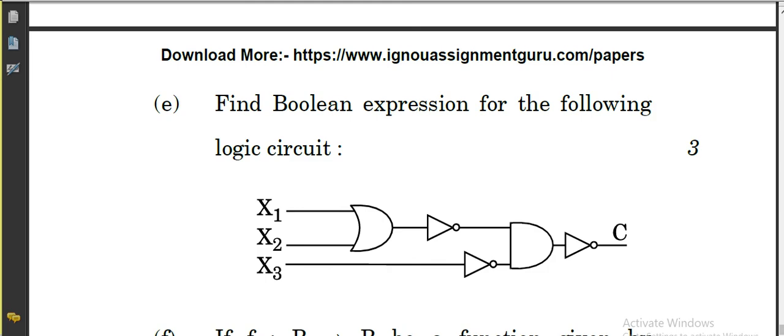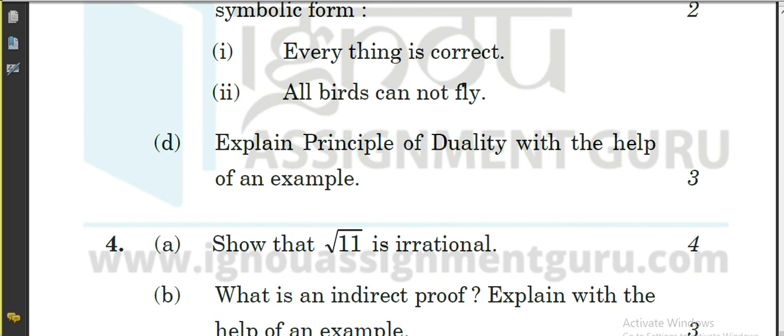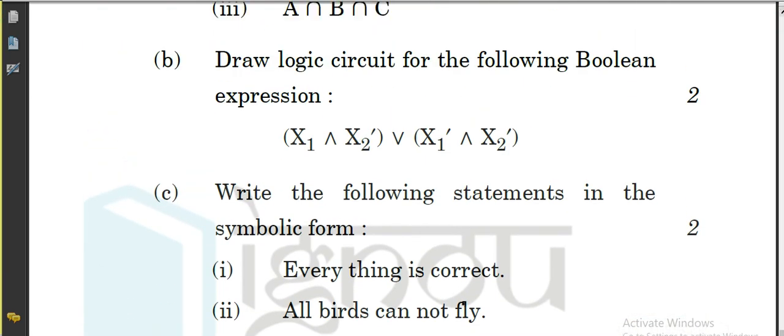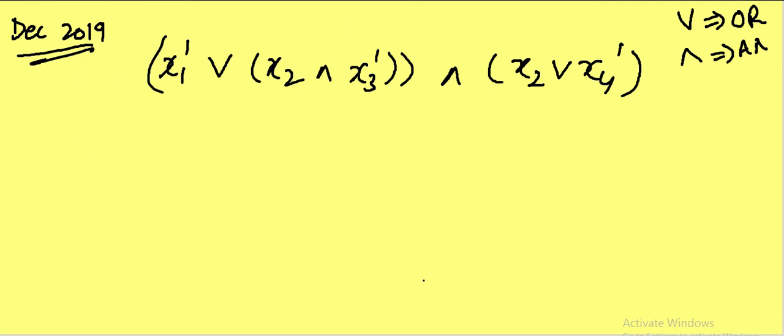I have just copied it from somewhere else. So this is not the question. The question is x1 and x2 complement.